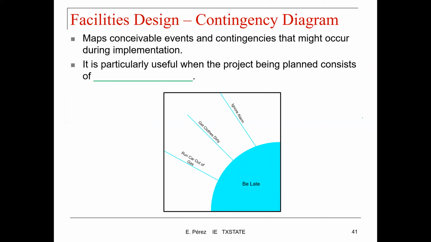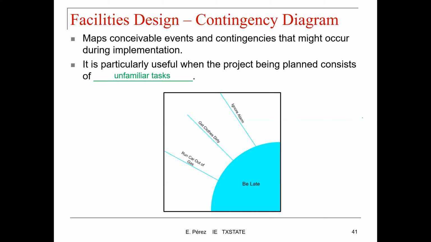The contingency diagram maps conceivable events and contingencies that might occur during implementation. This is particularly useful when the project being planned consists of unfamiliar tasks. So you basically are stating events that can be affecting your final goal, and you list those events, and then you plan on how to address those events in the case that they happen.